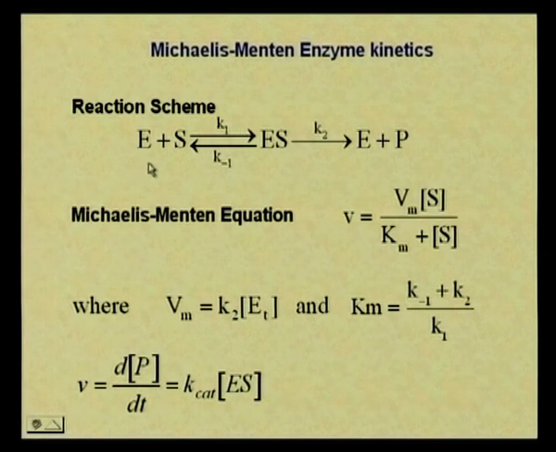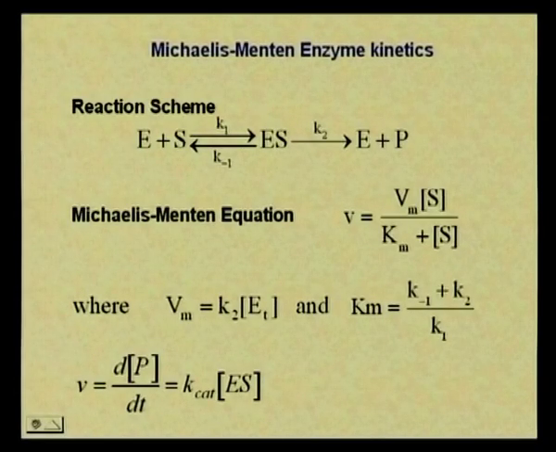Okay, so this reaction can have a limiting value for the velocity of the reaction, which is given by K2, which we will also see called the Kcat, the catalytic kinetic rate constant, and the total enzyme concentration, because the velocity cannot increase beyond this value as the amount of enzyme is limited.